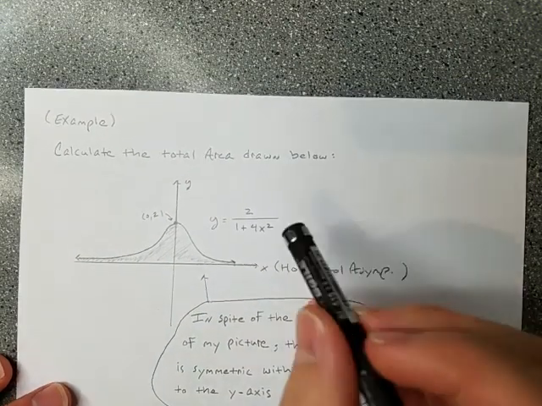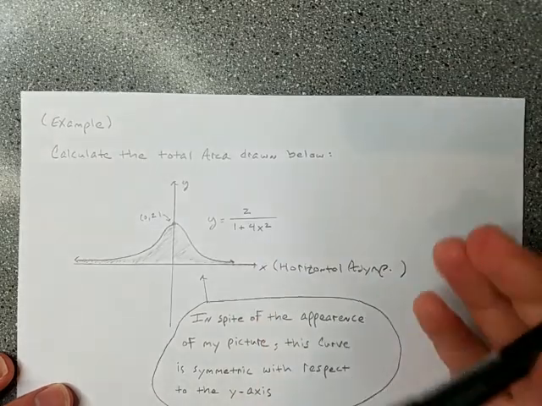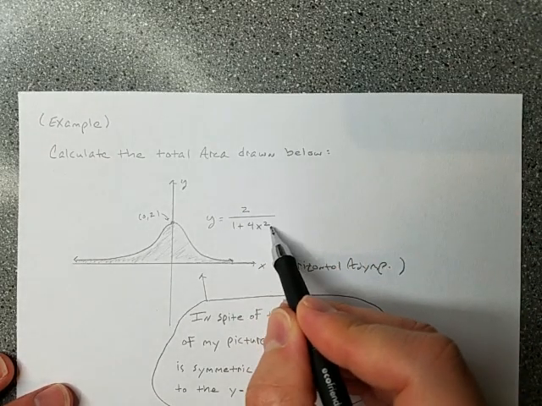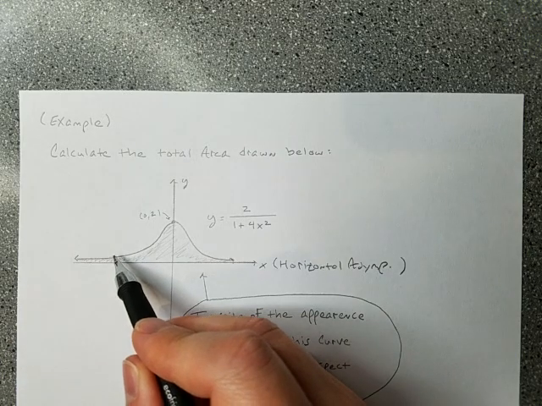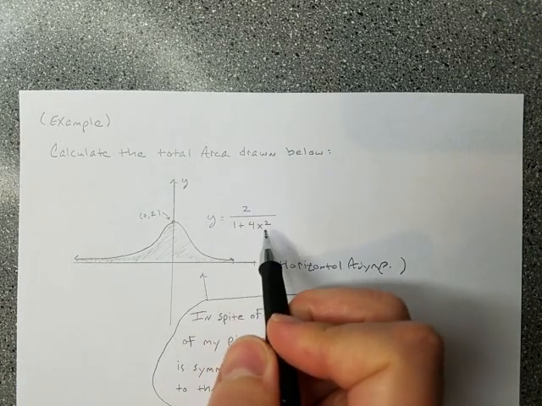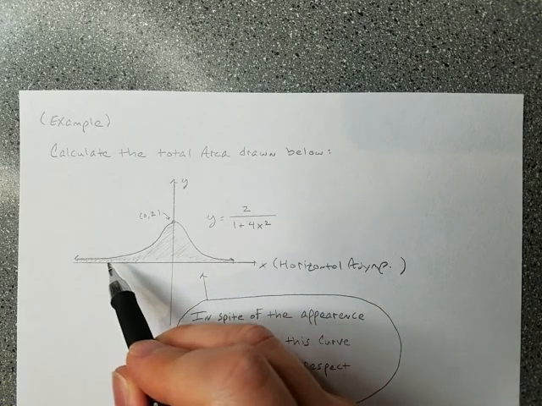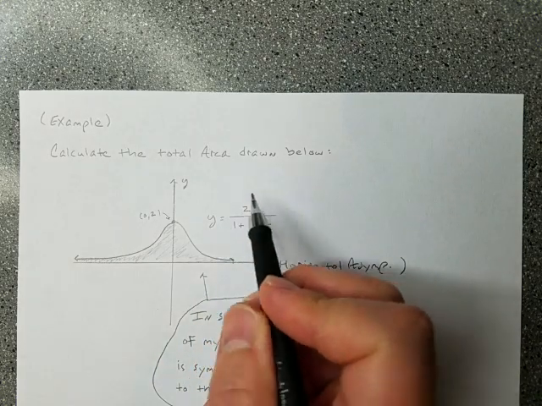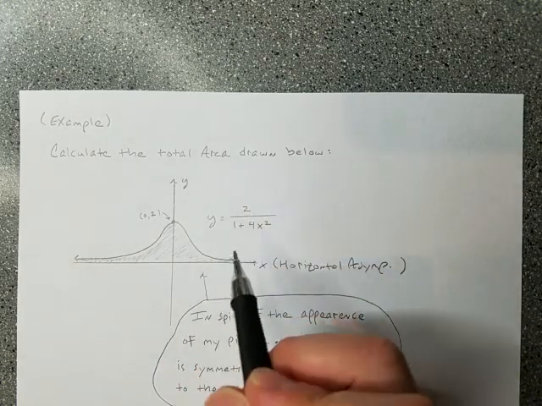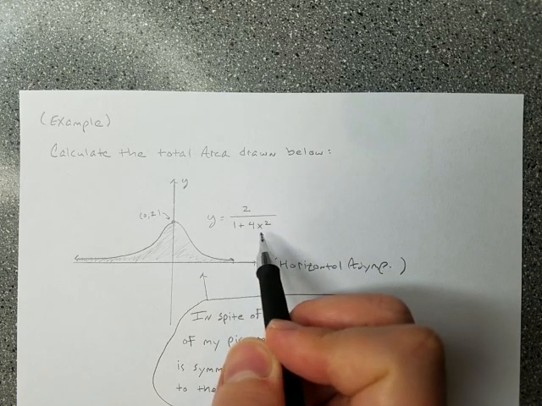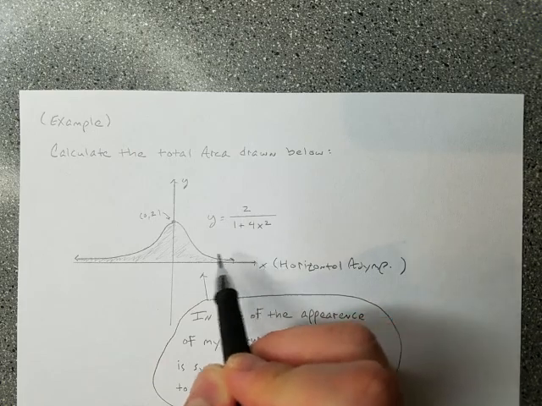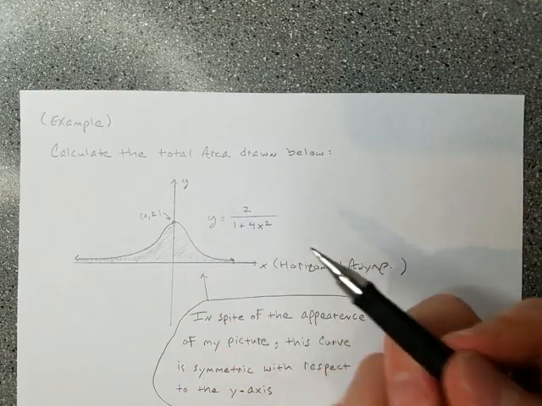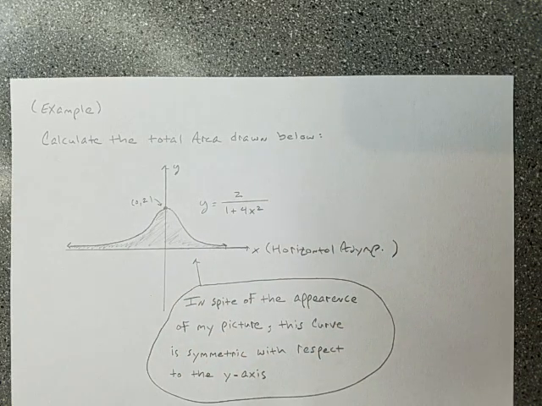Well, because by nature of this formula, whether I put a positive number in for x or the opposite negative number, like if I were to put 5 in for x versus negative 5, I will get exactly the same y. The reason for that? Well, you're going to take the x and square it. So whether you put 5 in or negative 5, 10 or negative 10, you're going to get the same y. That's why it's symmetric about the y-axis, all right?